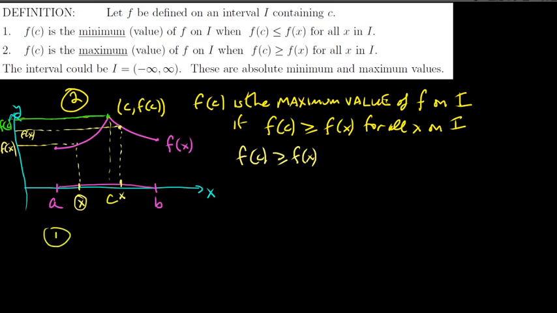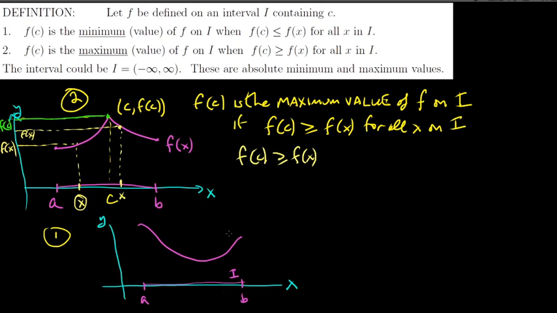For number 1, we have the reverse picture. Now we have a function that looks like this. And again, we're going from a to b, so this is my interval I here. And now we're looking for a c, this c right here, and this is f of c, the y-coordinate.